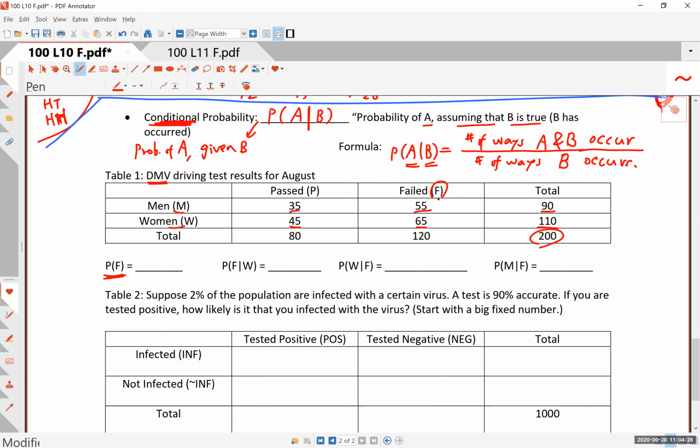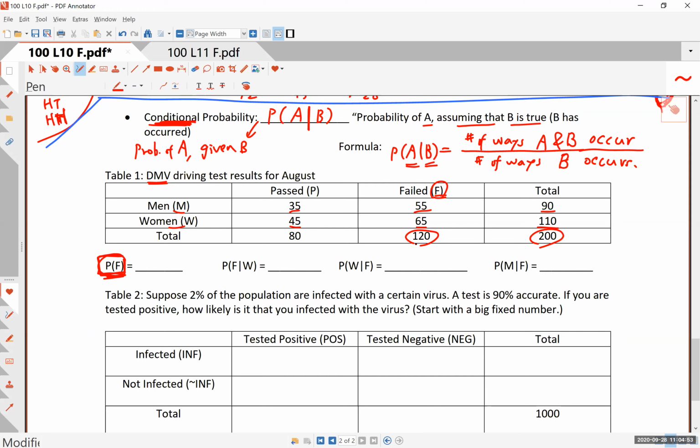You see that? Well, you have a total row here. By the way, this is not asking if the person is a male or female. I hope you understand how to read this. This is asking for the probability of F, which is failed. What is the probability that a person failed the driving test, regardless of if the person was a male or female?